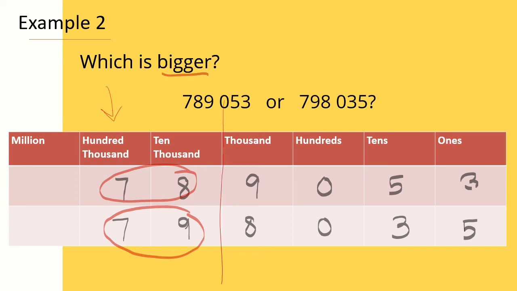Now, 79 is bigger than 78. So automatically, this number is bigger.